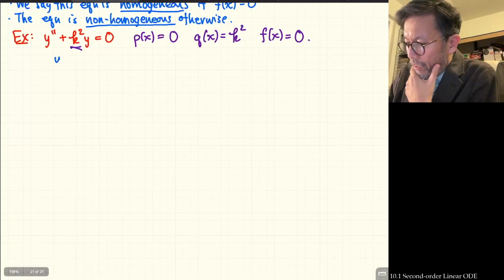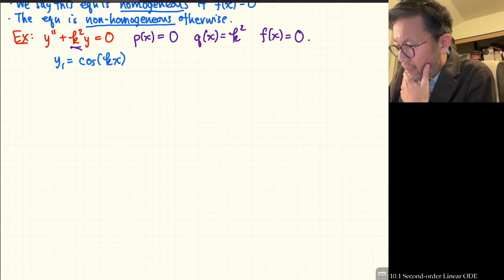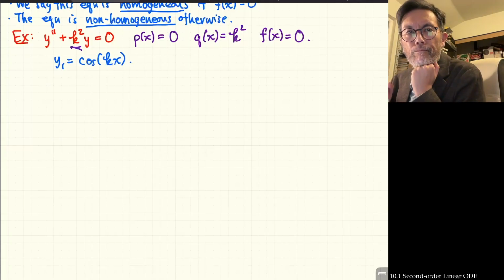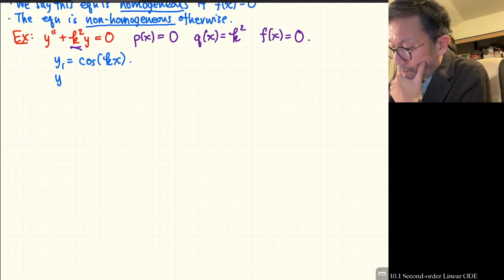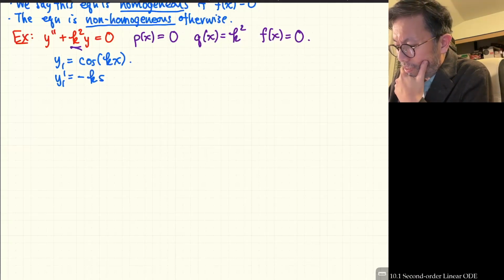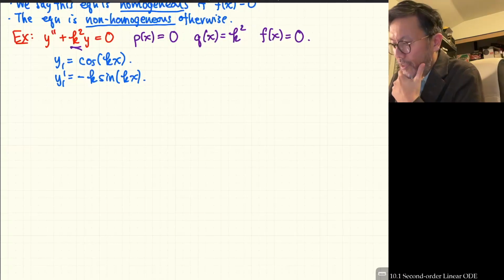So what are the solutions to this differential equation? Let's take y1 to be cosine of kx. What's y1 prime? By the chain rule, y1 prime is negative k sine kx. Hopefully that's straightforward.